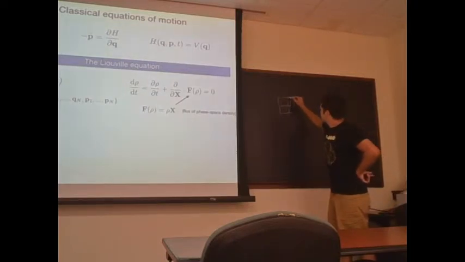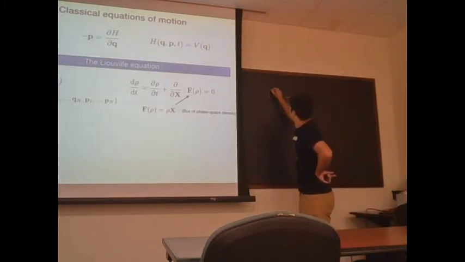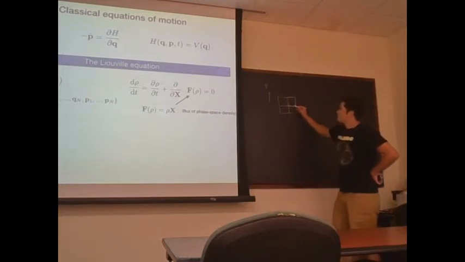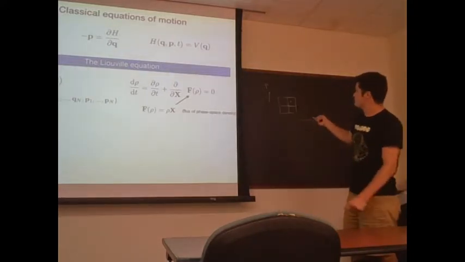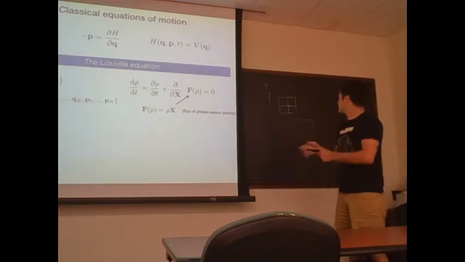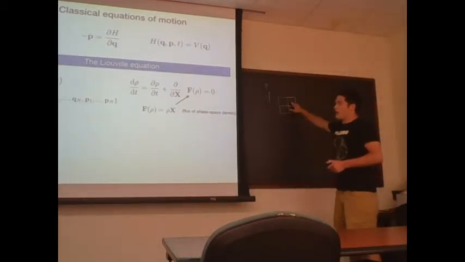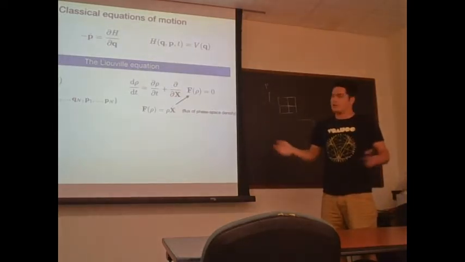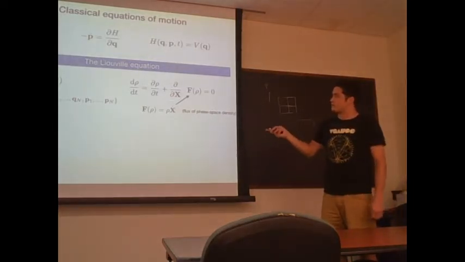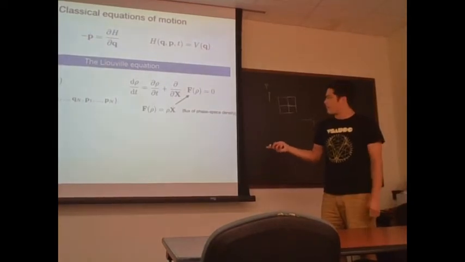This is some region of phase space, so let's call that Q, call that P. Flux is really just stuff moving across these boundaries into or out of the cell. So this is a statement that whatever goes into the cell is the only thing responsible for changing rho. It's a statement of conservation of stuff.